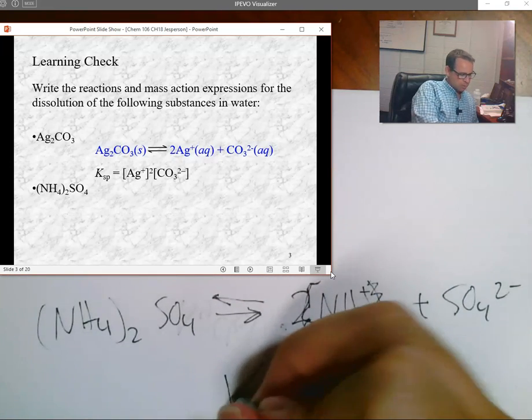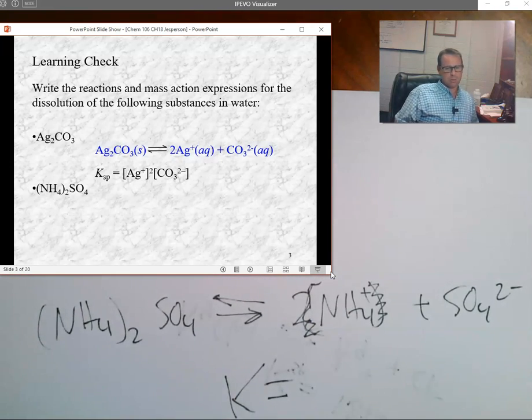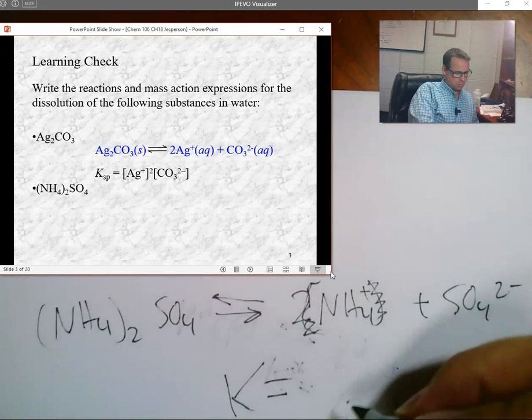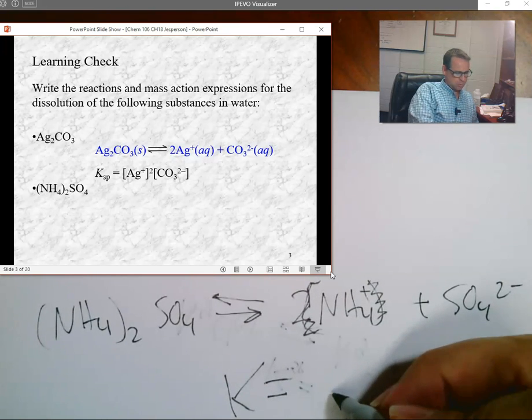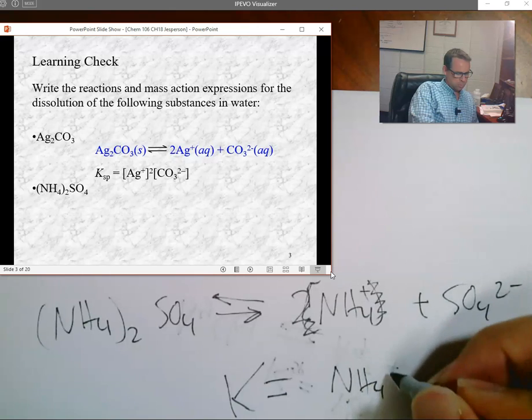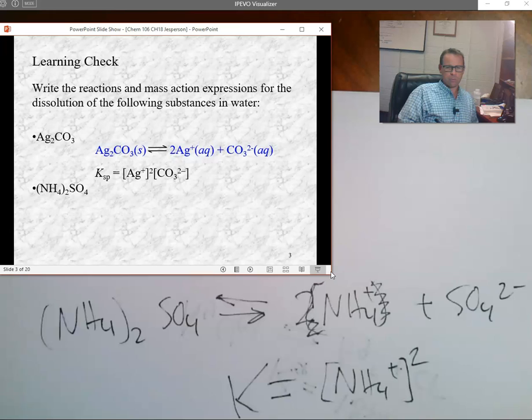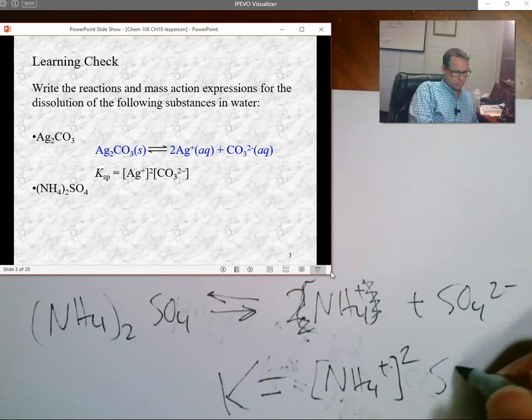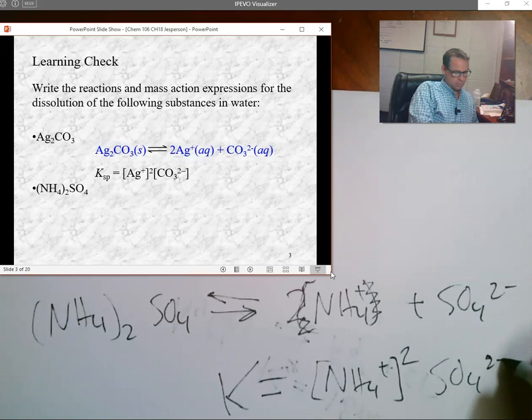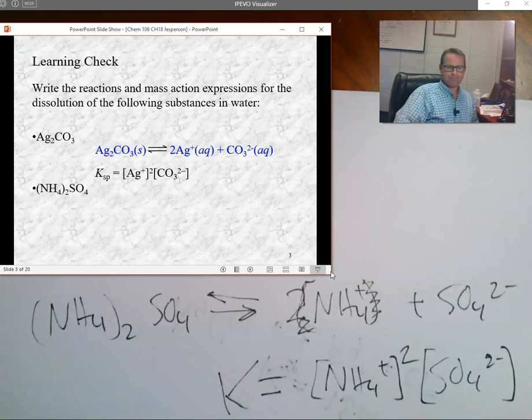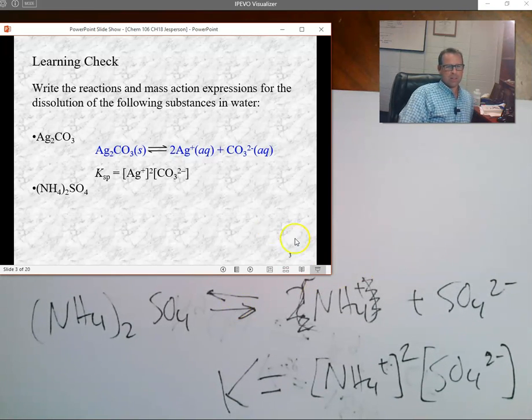So then our K for this reaction would be? The concentration of the NH4 plus to the second times SO4 2 minus. Very good. Excellent.